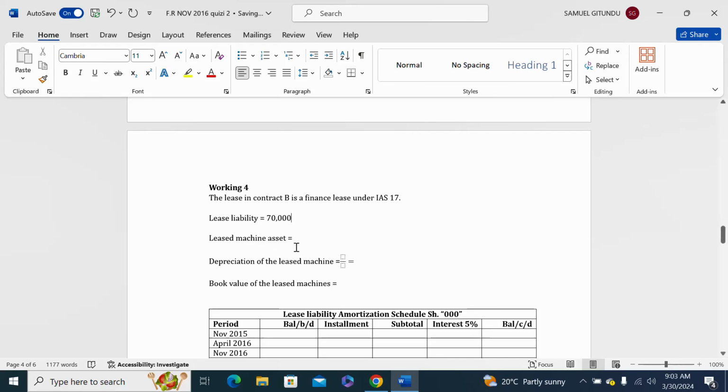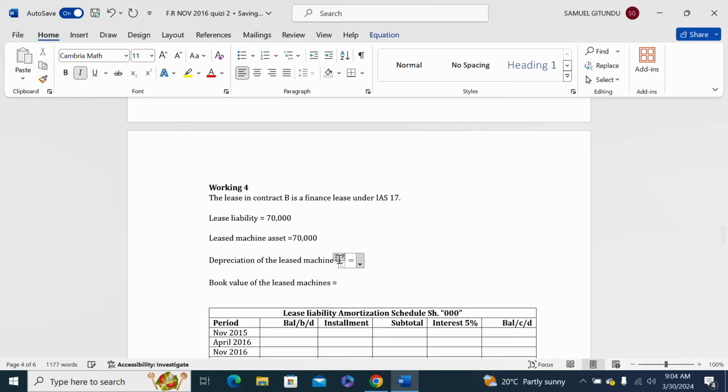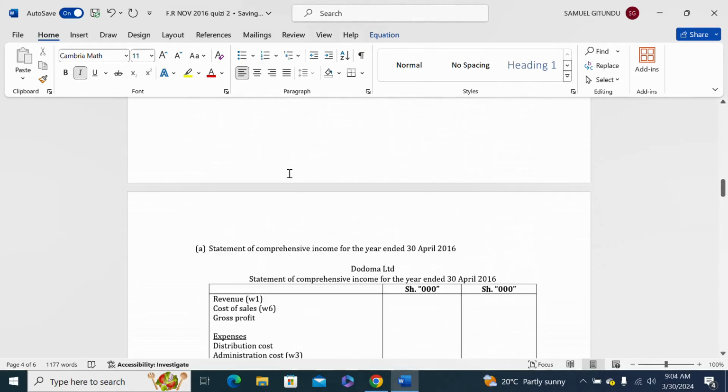Our calculations are in thousand. The leased machine asset is 70 million. We can calculate the depreciation of the leased machine, which is 70 million. We divide by the, let us check.